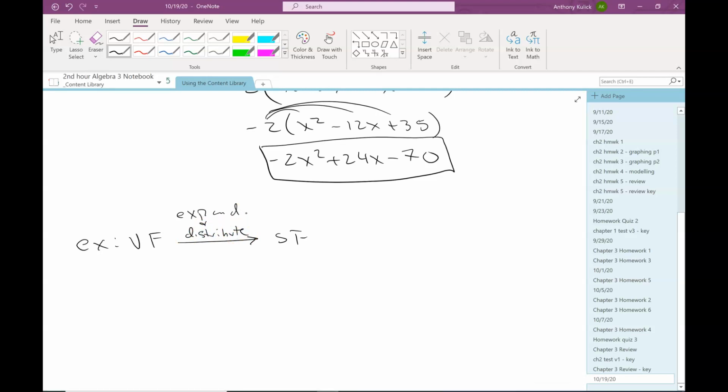So let's say we have -4 times the quantity, x plus 3, quantity squared, plus 10. The distribute shouldn't be an issue, right? We know what distribute means. Expand is the word in there that maybe we don't really know what that means, right?